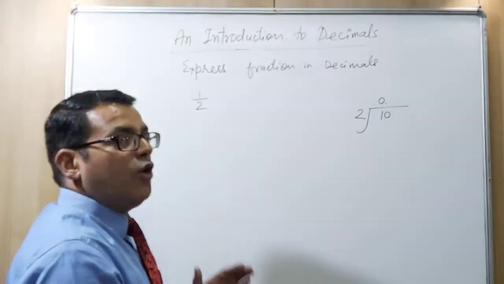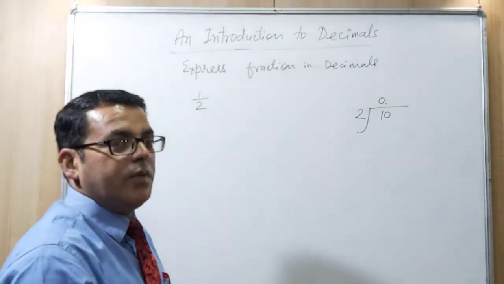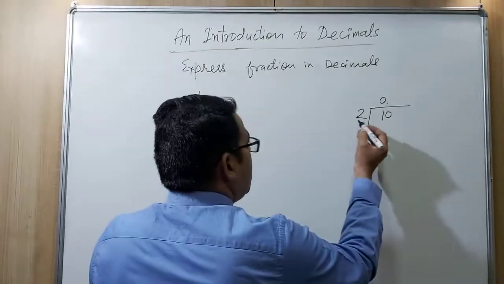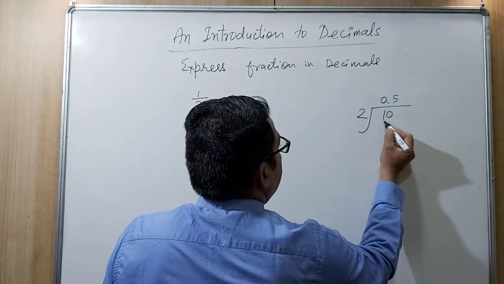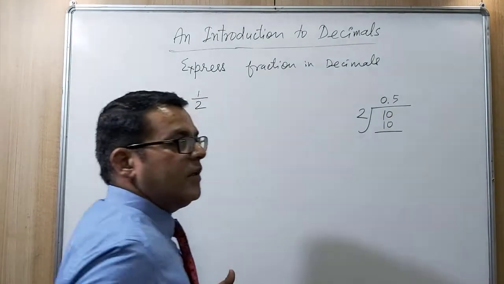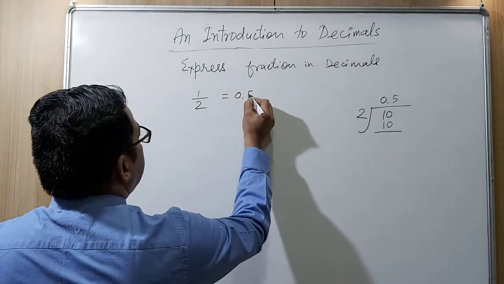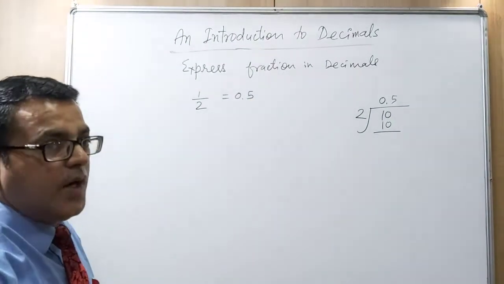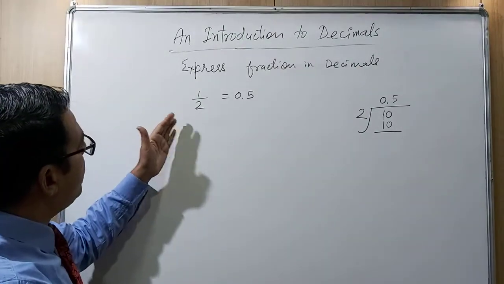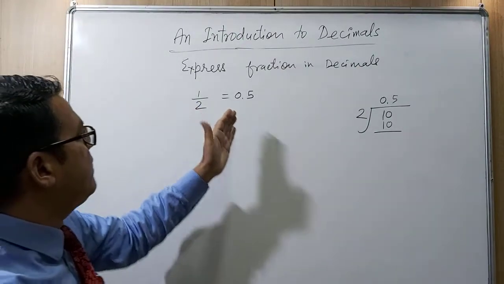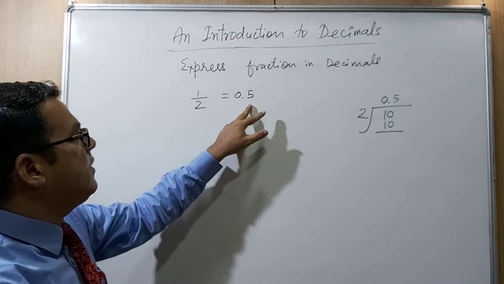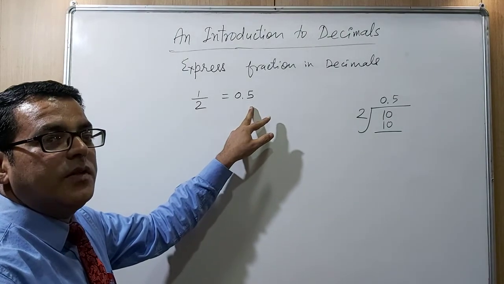This is a rule of division of decimals, right? So now we can see 5 times we can divide it. So after division, we write 0.5. So we can express the fraction 1/2 as 0.5. This is a decimal number. Hope you understand.